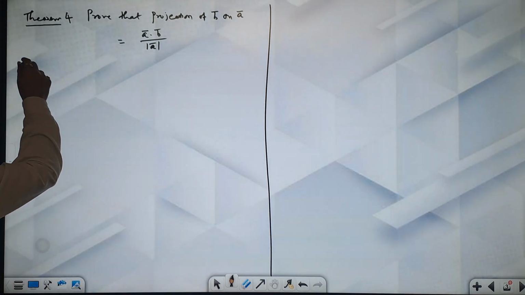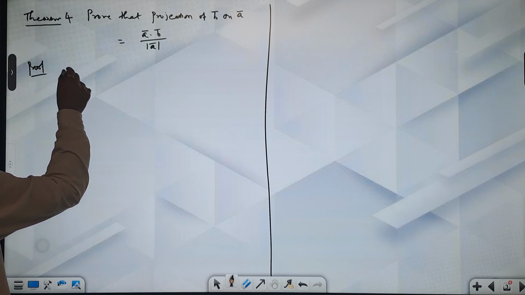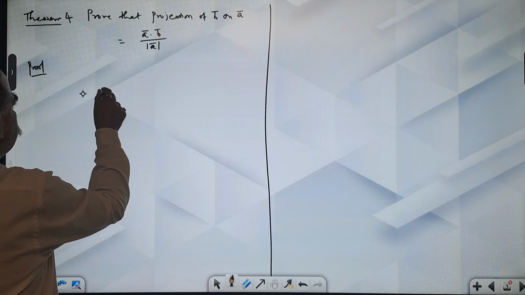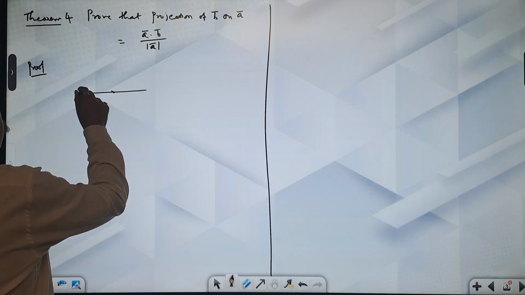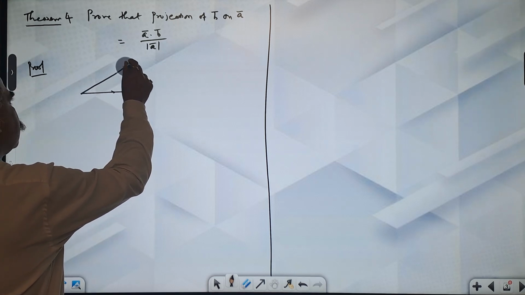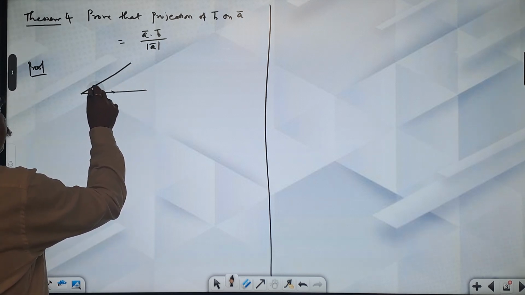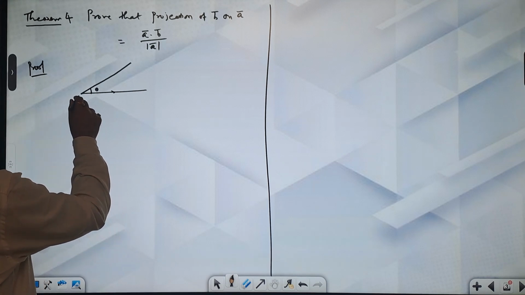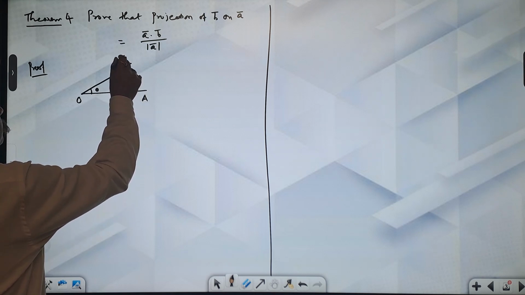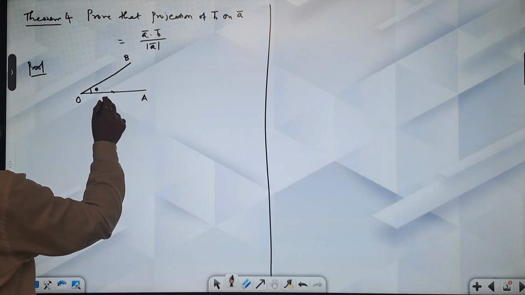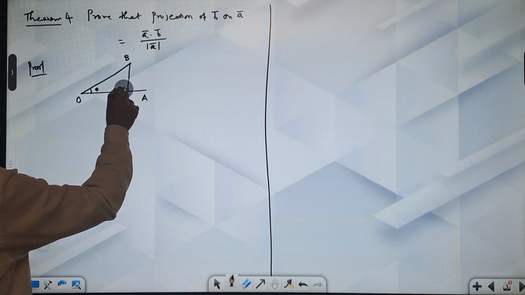See the proof. This is vector A bar. This is vector B bar. Let theta be the angle between them. Draw BM perpendicular on A bar.